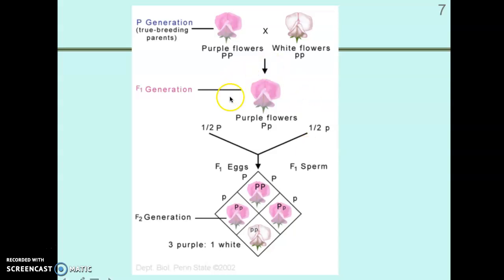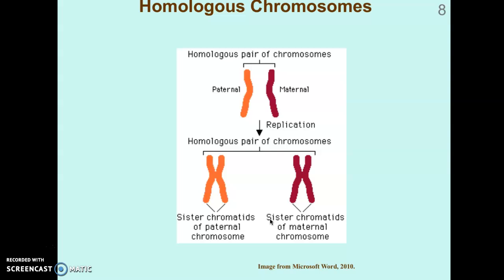Here's our big P, little p, little p. This can only give one big P, and this can give only a little p. So we get this heterozygous. From there, we do a cross, and we again get a 3-to-1 ratio. 3 of the plants would be purple no matter what, and only 1 has a chance of being white. So he continued to see the same ratio, 3-to-1, 3-to-1.